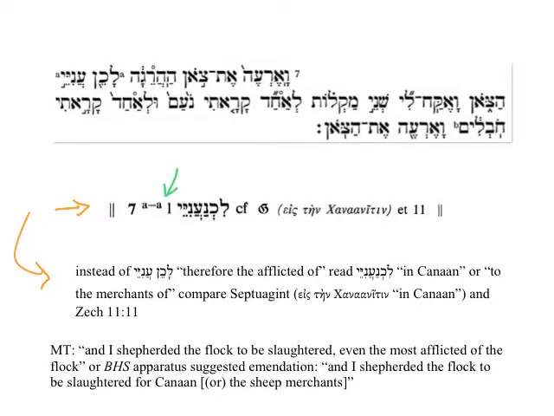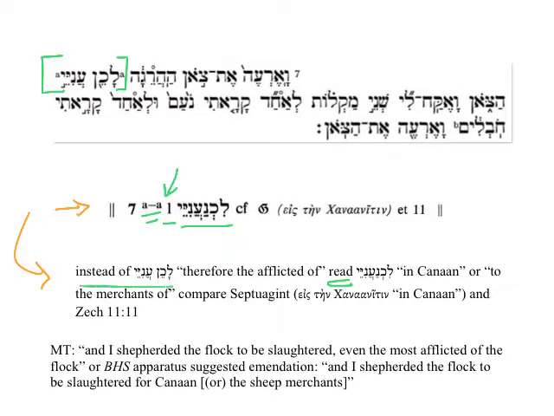The letter L is the Latin abbreviation for read. And so what the editor of the BHS is saying is, instead of what we find in the Leningrad Codex between these two letter A's, lachen aniye, instead of that, read likna aniye.